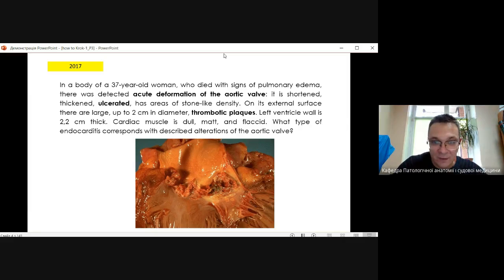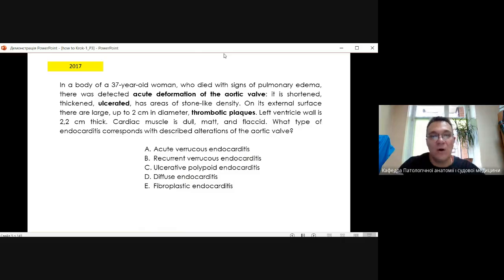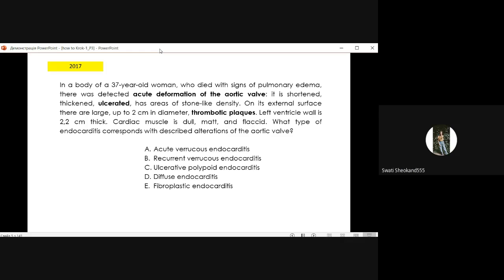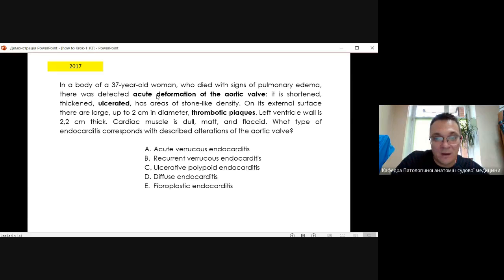So you see the gross image, and now you see the options. What is that? Your answers. You see the key points: acute deformation of the aortic valve, ulceration, and formation of the thrombotic plaques. So what is that? You propose me C, and exactly this is the ulcerative polypoid endocarditis.